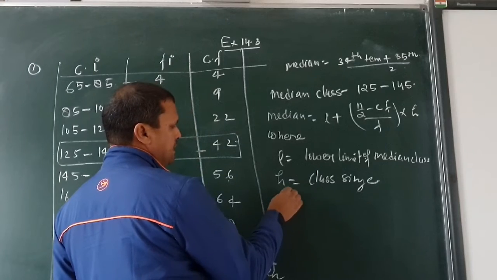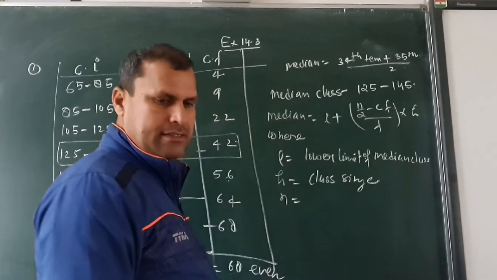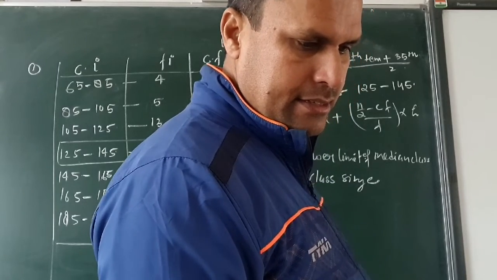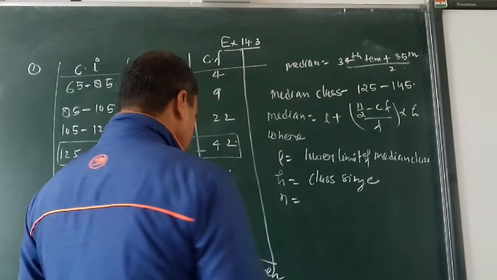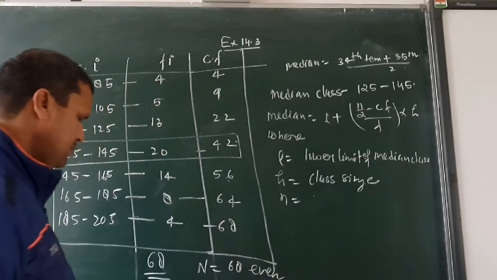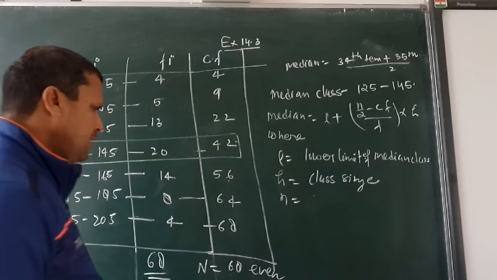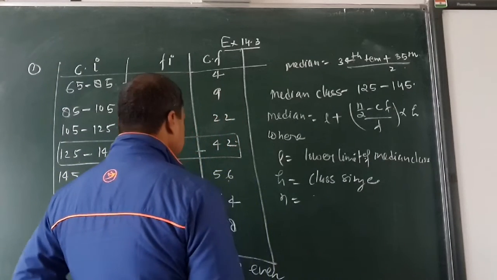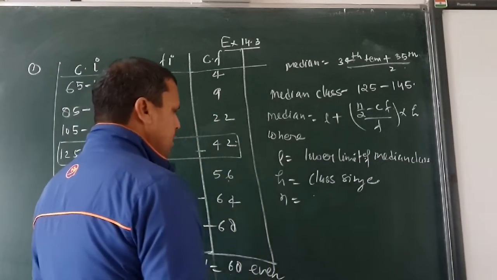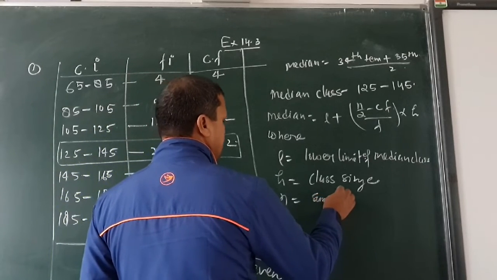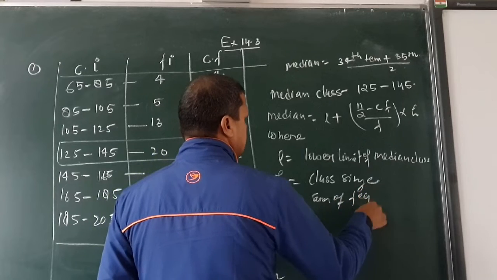After that, n. n equals 68, the number of consumers, which is the sum of the frequency.